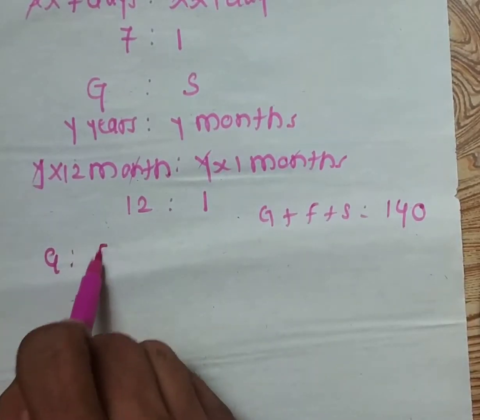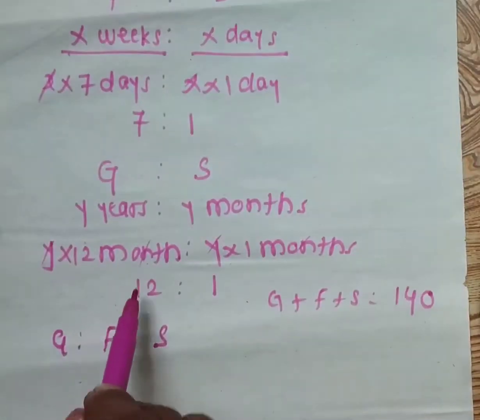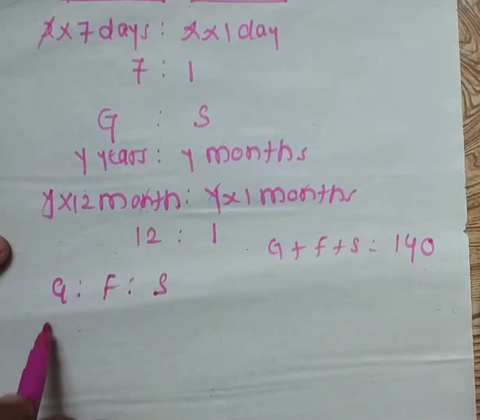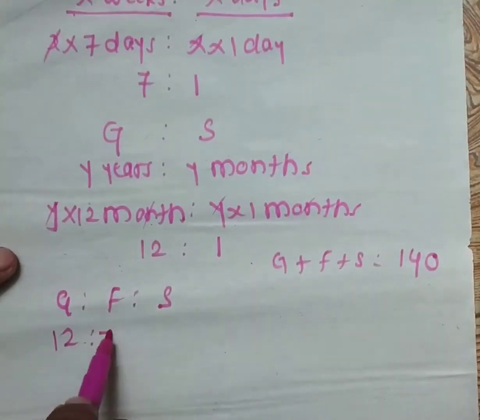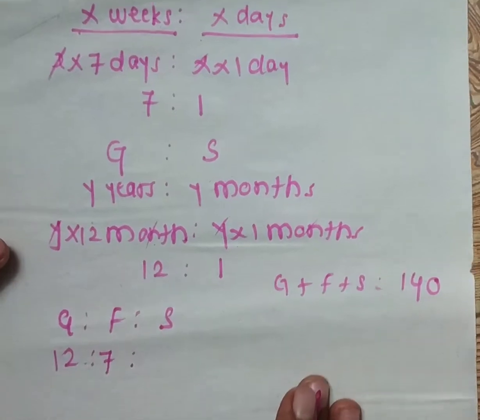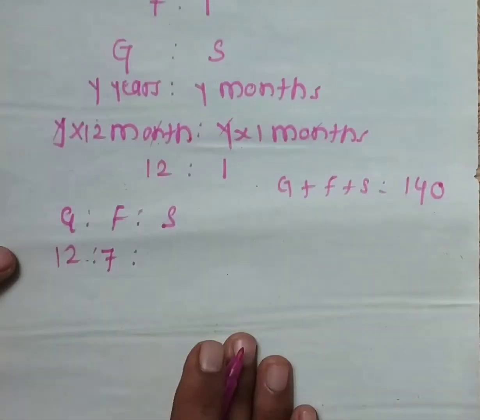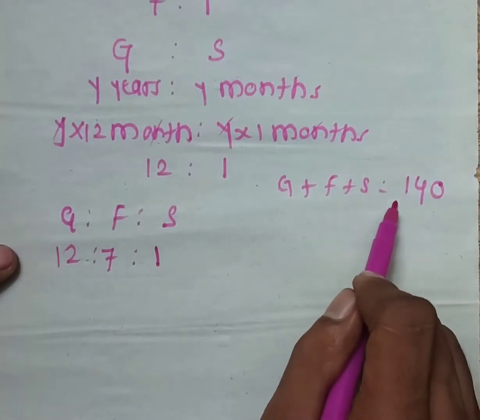Grandfather to father to son: the grandfather is 12, the father is 7, this is in terms of ratio, ratio doesn't have any unit, and the son is 1.